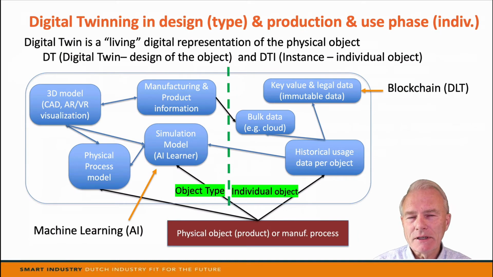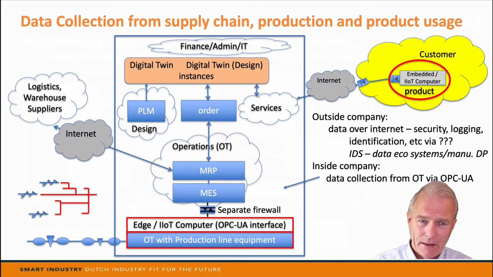But once you have done that and you have collected all the data, you have to store it, and you have to think through what kind of storage you are going to use. It's not that simple that you just put it on a cloud system. No, you have to make a structure for it. I show that in this particular picture.